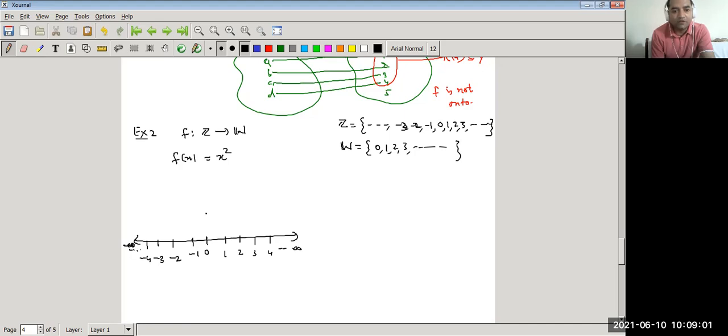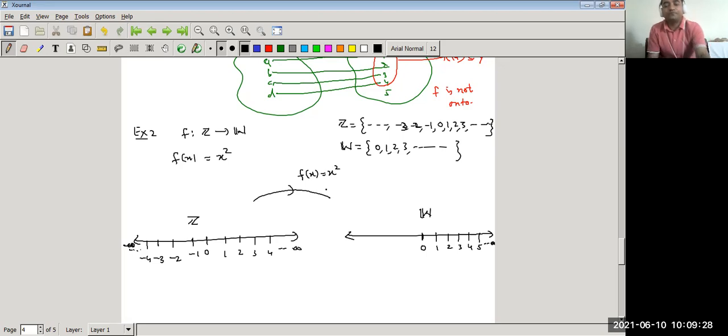This is set of integers, so this is Z, and this is codomain. Codomain is numbers 0, 1, 2, 3, 4, 5, and so on up to infinity. This is set of whole numbers. F is a mapping from Z to W defined by f of x is equal to x square.